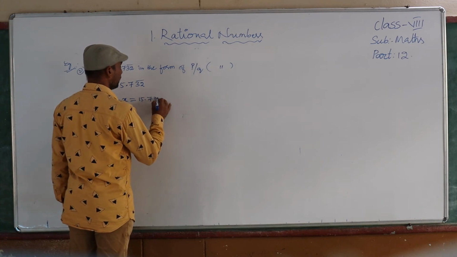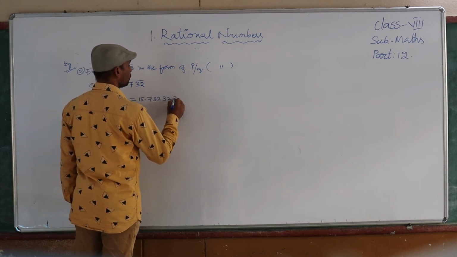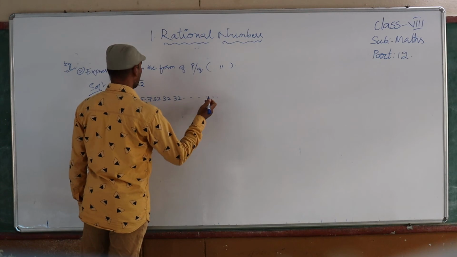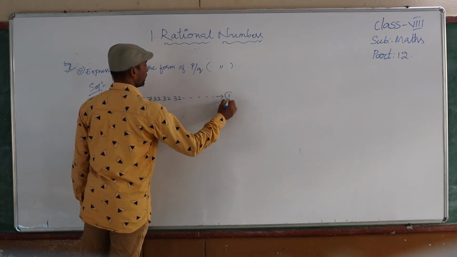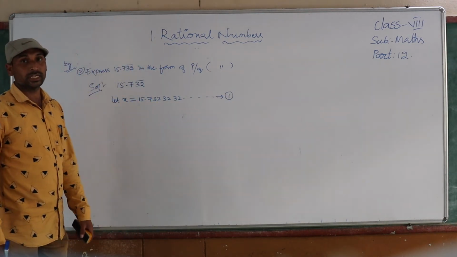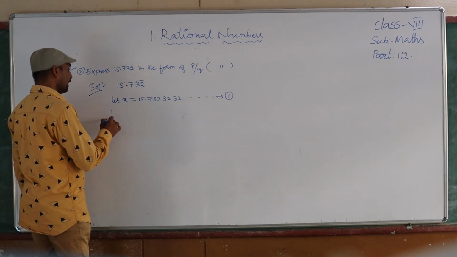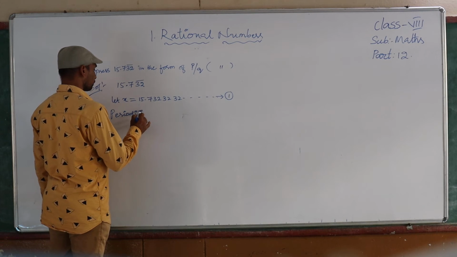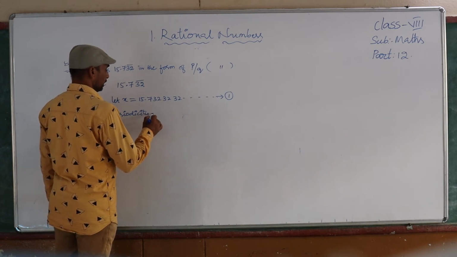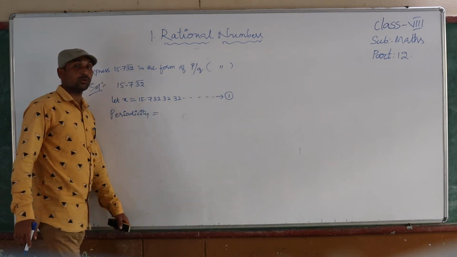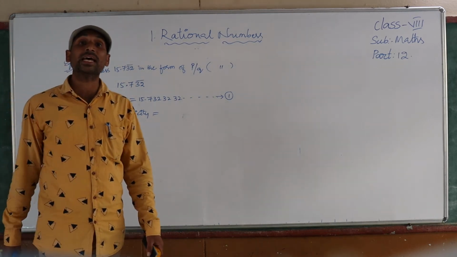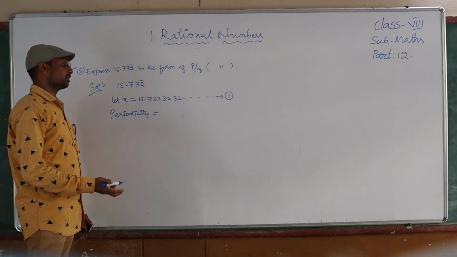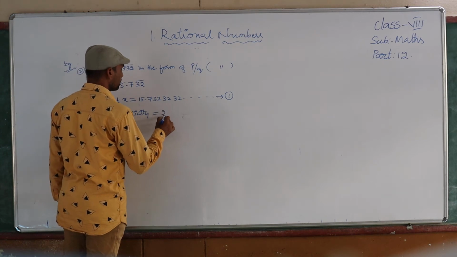So we can write 32, 32, 32 and so on. Take this as equation number 1. Now what is the periodicity? Under the bar, how many digits are there? Two digits. So the periodicity is 2.